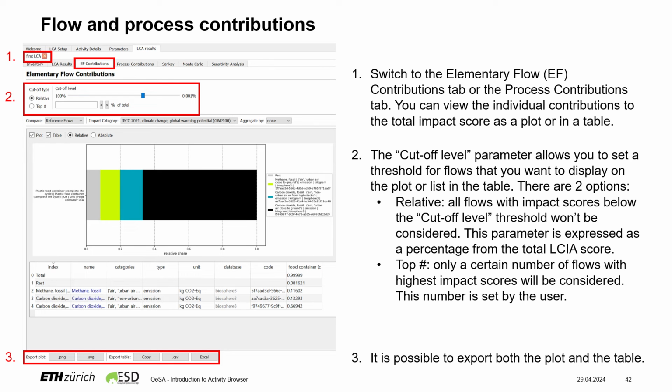You only want to include the ones that are above some threshold, and this threshold can be determined by this cutoff level. It's basically a percentage of the total impact score. So you can change it a little bit and see how your diagram changes as well. Or you can say, I want the top 10 flows that are contributing, and then your diagram would again change, and here you would also see a table.